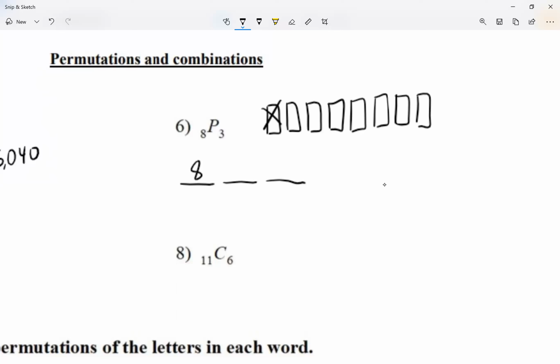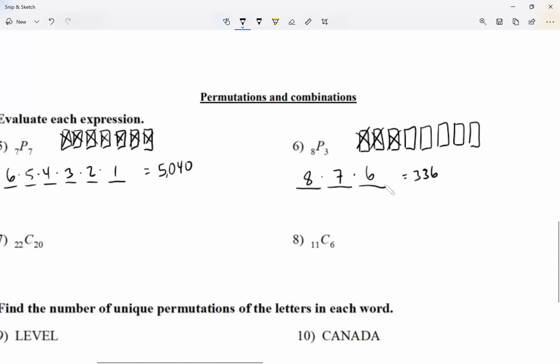Take 1 book out. How many choices do you have for the second one? I've got 7 choices. Good. Take 1 book out, and then I've got 6 choices. And then just multiply that out: 8 times 7 times 6. In my case, it gave me 336.